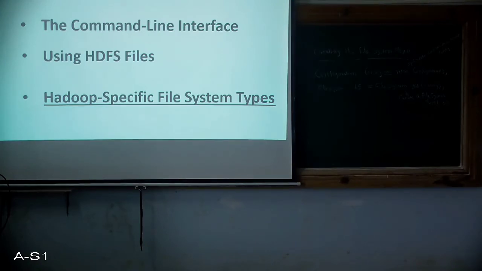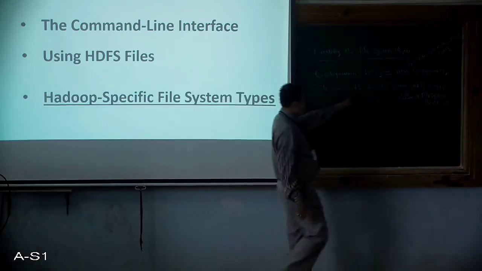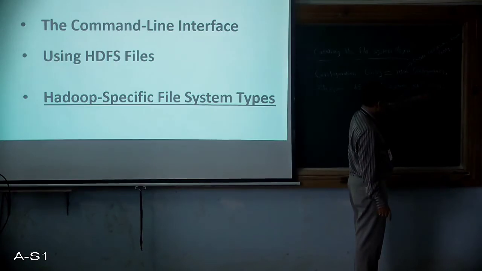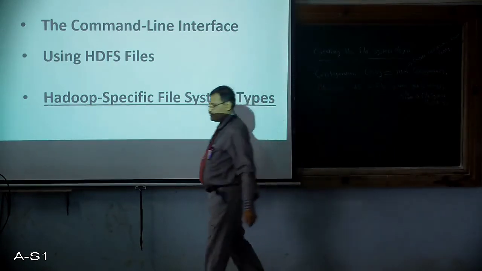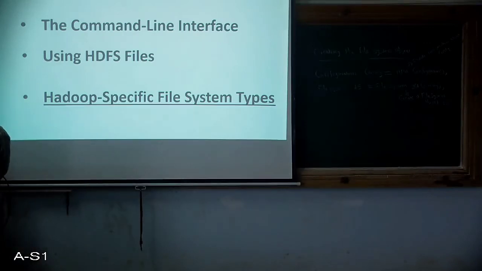An instance of the file system class can be created by passing a new configuration object into a constructor. Assume that Hadoop configuration files such as hadoop-default.xml and hadoop-site.xml are present in the class path. So this is about creating the file system object.